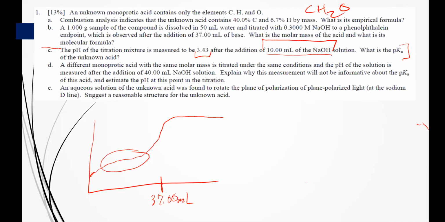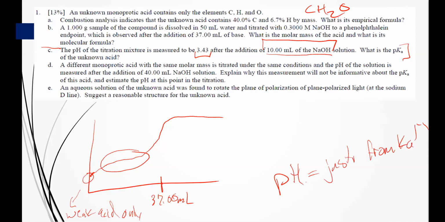When we first start off, this initial point is a weak acid only, and its pH will be found just from Ka and its concentration. That's where we can do an ice table and figure out its pH.